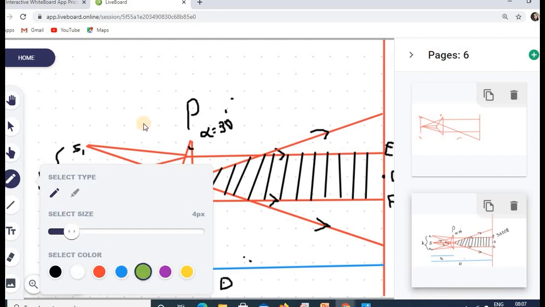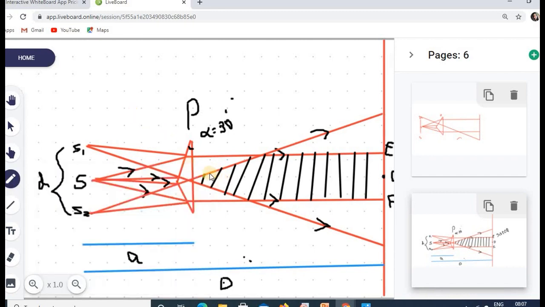I'm having an angle theta, right? This angle is theta. So normally this angle also will be what? Theta. You're having two angles theta, and this distance is A and this distance is d.